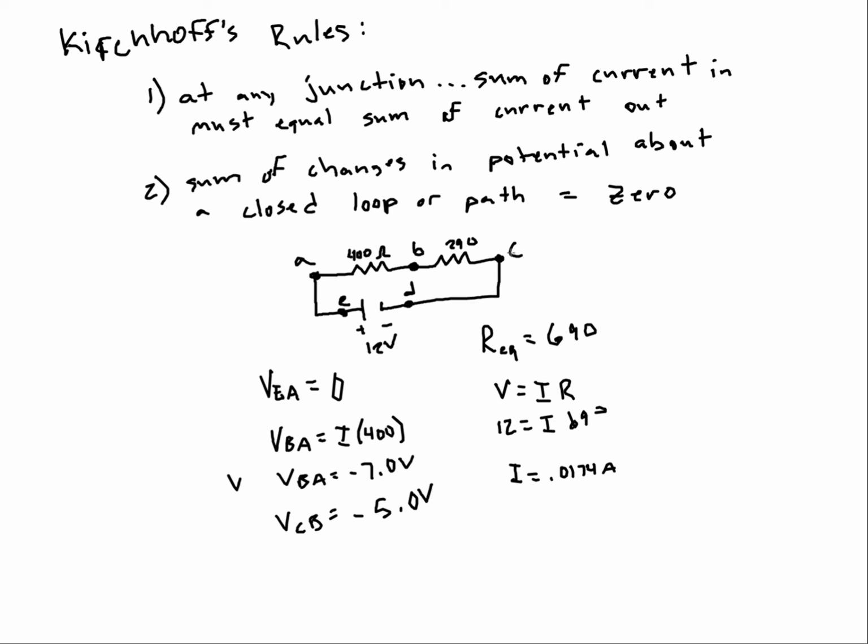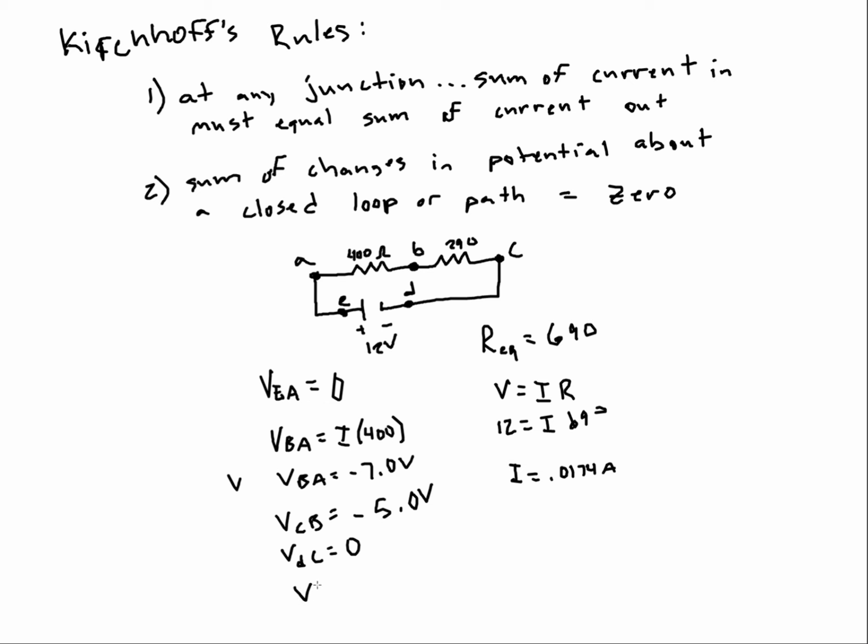Now, if I go C to D, or D to C, either way, that is also going to be 0. So we'll go VDC is equal to 0. So far I've got 0, minus 7, minus 5. So far I've got negative 12.